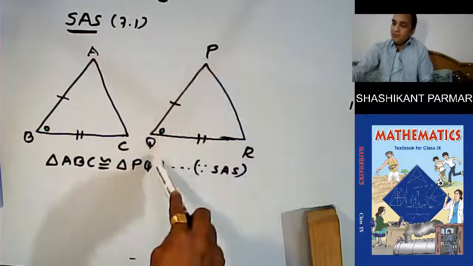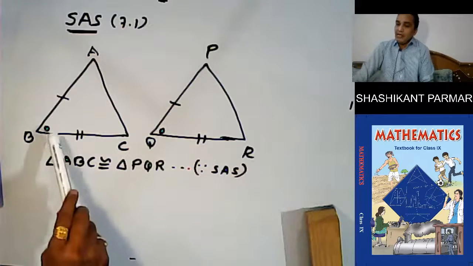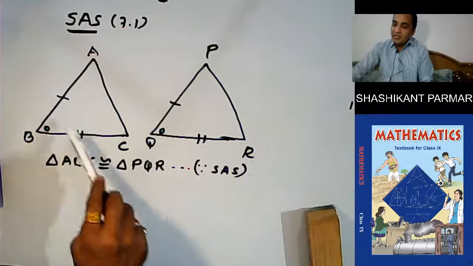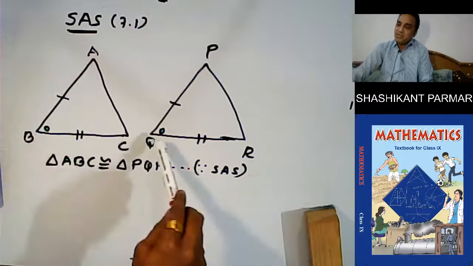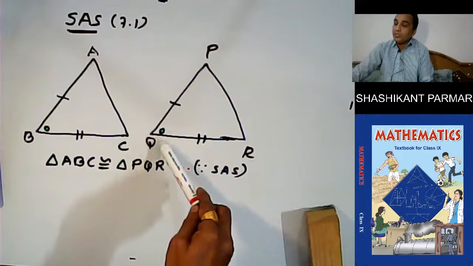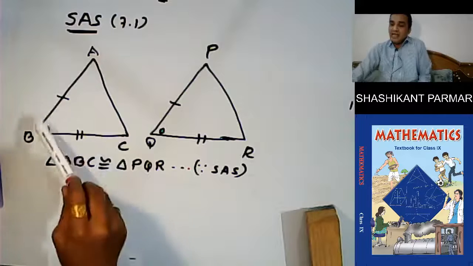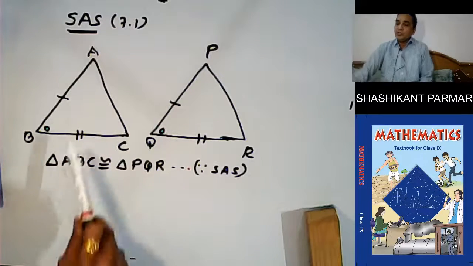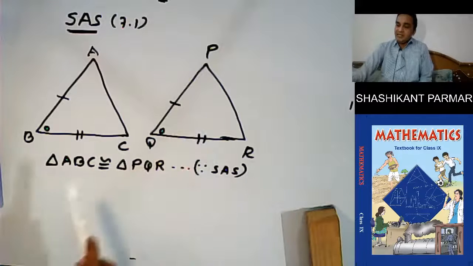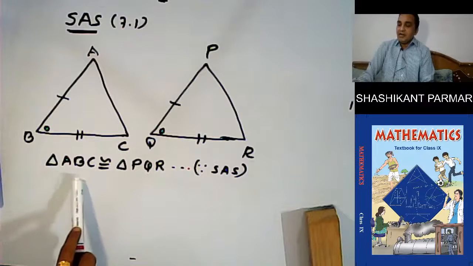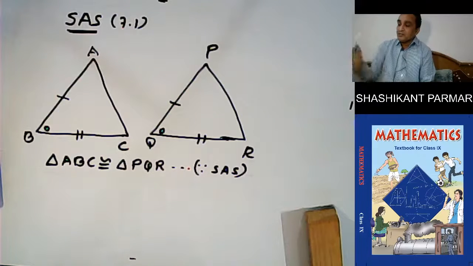AB equal to PQ, BC equal to QR, and angle B is the included angle in between the sides AB and BC, and similarly angle Q is the included angle in between PQ and QR. So side angle side, these two triangles are congruent, and we can write in symbols triangle ABC congruent to triangle PQR because of the SAS rule.